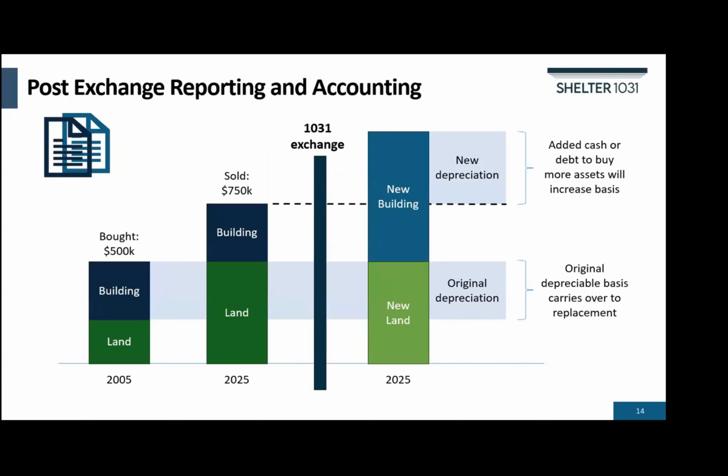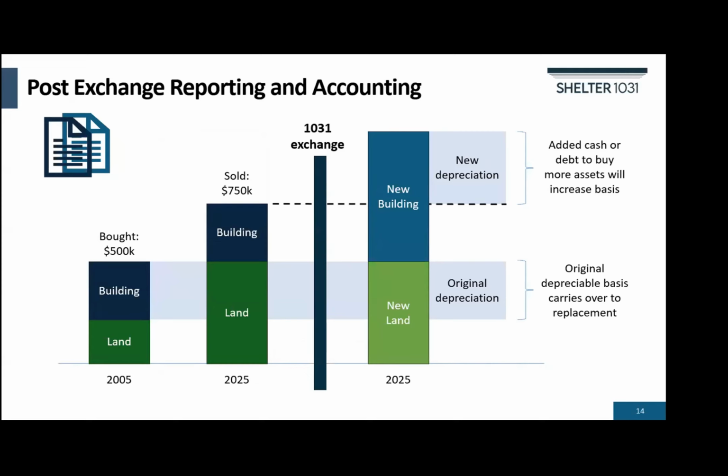You or your accountant also may need to recalculate a new depreciation schedule for your replacement property. In a 1031 exchange, if you have not fully depreciated your relinquished property, you basically roll over your same depreciation schedule to your replacement, assuming you did not change from residential to commercial or vice versa.